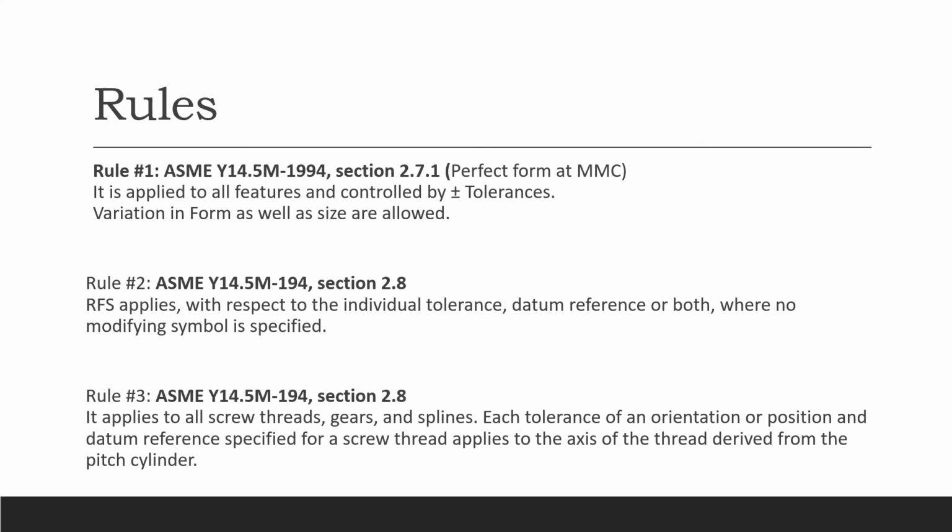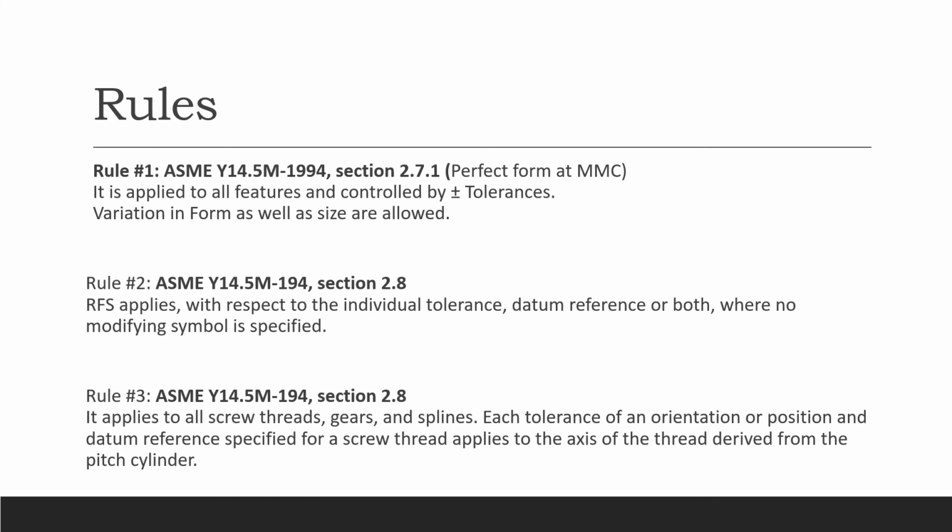Then go to section 2, sub 7, and then sub 107. This is just like an address of the rule. You open that book, go to here, here, and here, and then you can read that. And that rule is perfect form at maximum material condition.